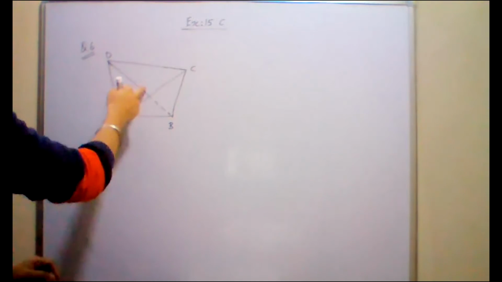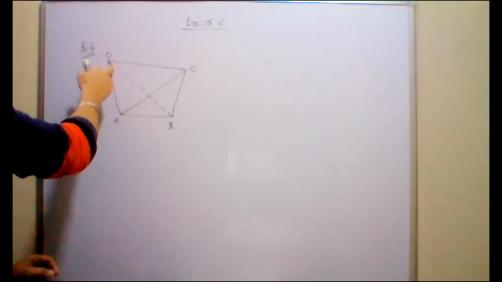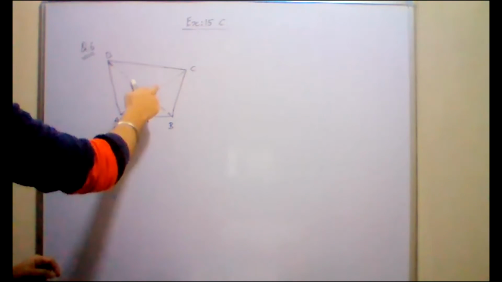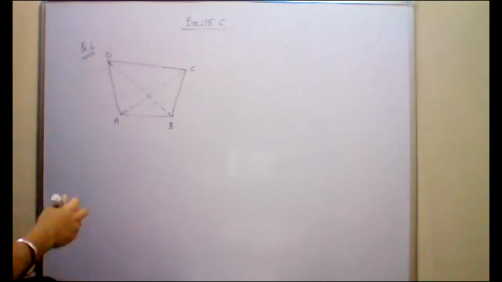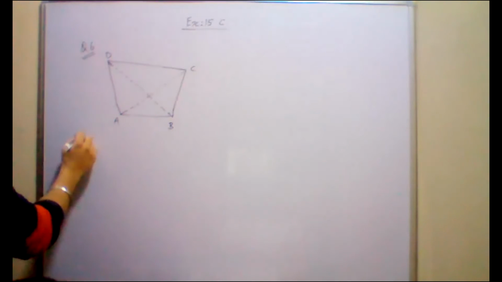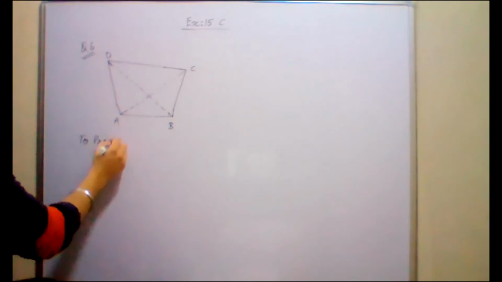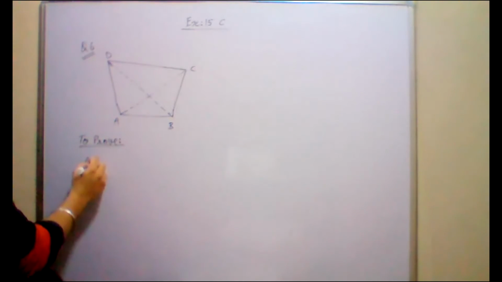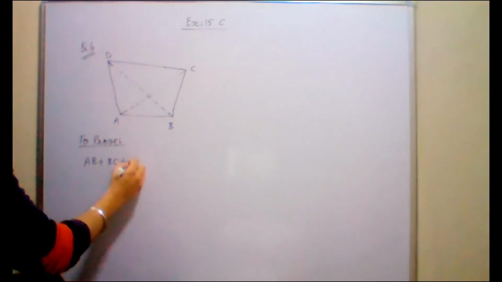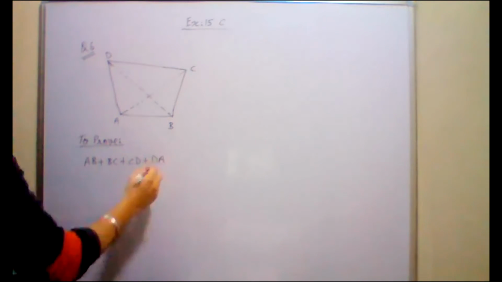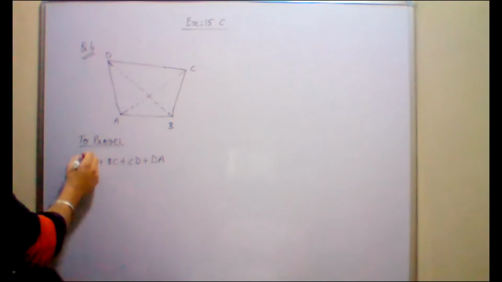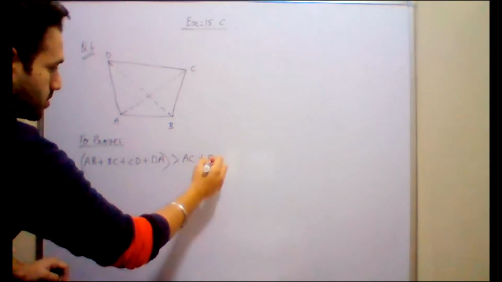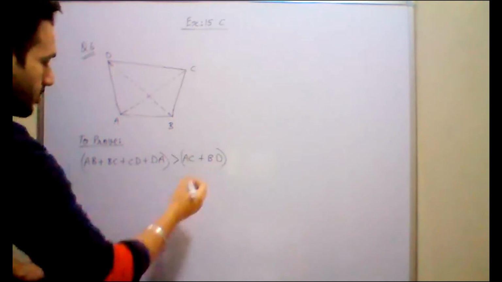To prove: AB plus BC plus CD plus DA, the sum of all the sides, is greater than the sum of the diagonals AC plus BD. This is what we have to prove in the question.